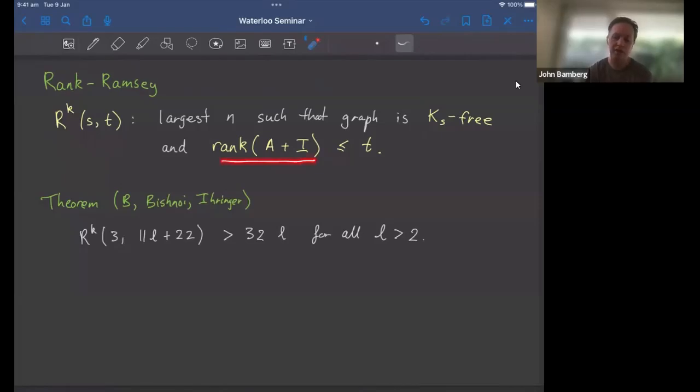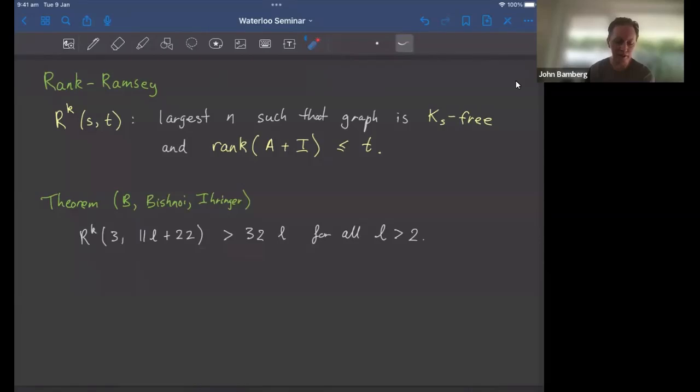So this is a generalization. This is at least the size of a Ramsey number. And using the same graphs, we found that they were good for this problem too. So there were these offshoots to our problem, these nice little corollaries, that we could actually get a nice bound on rank Ramsey.